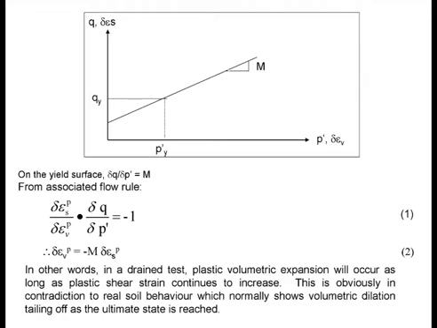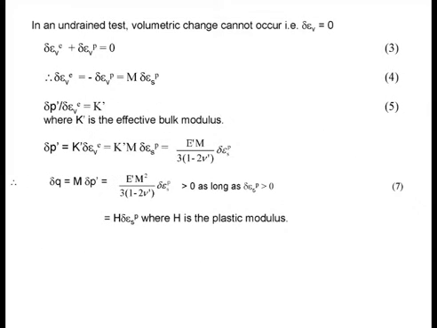And since we know the expression for the plastic volumetric strain increment, which is this thing, therefore the elastic volumetric strain increment is simply the negative of that, which is now positive. So you now have positive elastic volumetric compression. Because it's positive, the soil skeleton is compressing. Okay?